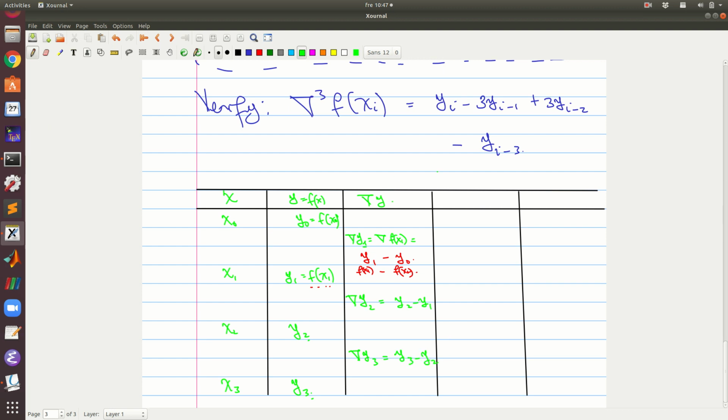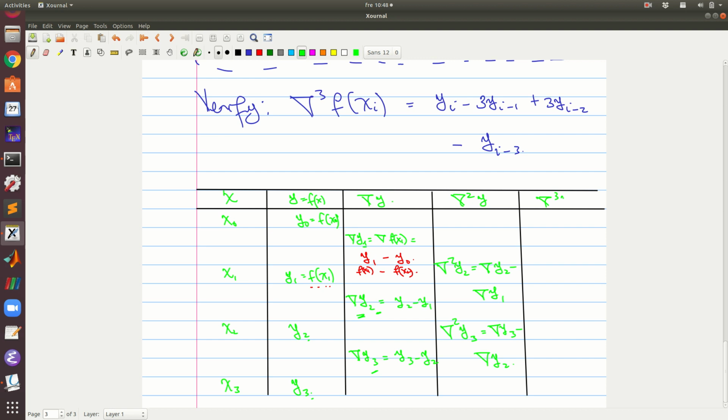This one here is the second backward difference operator. Here we define the second backward difference operator at y2, which is simply given by the first backward difference at y2 minus the first backward difference at y1. And then the second backward difference at y3 is equal to the first backward difference at y3 minus the first backward difference at y2.